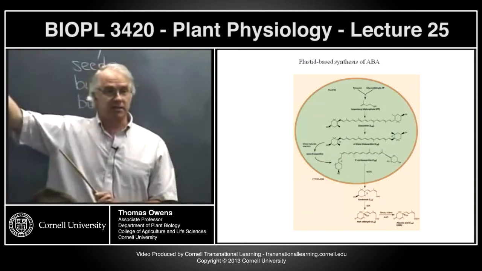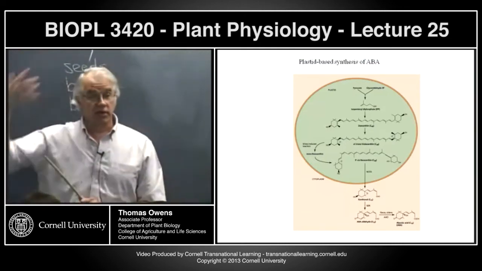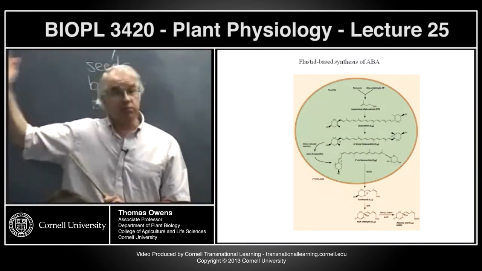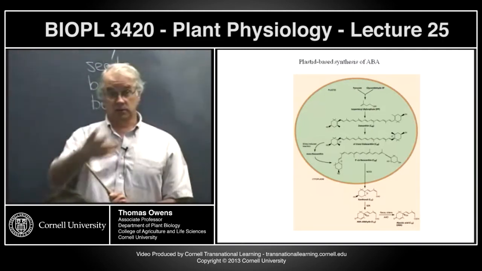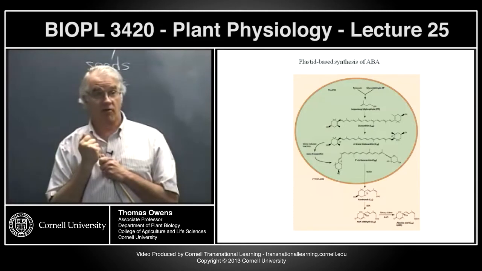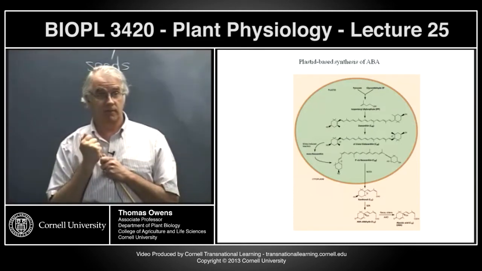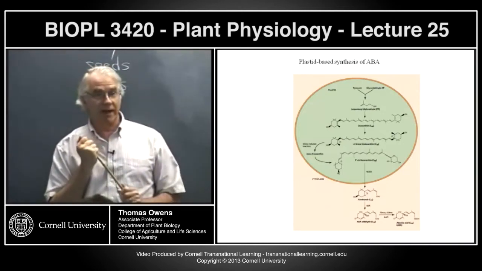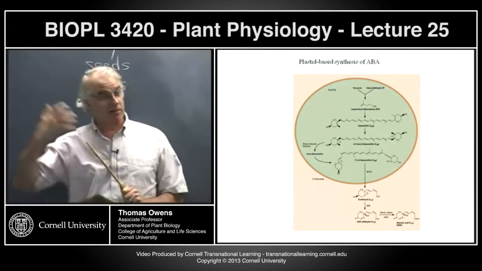We think about enzymes as working on substrates that are floating around free in the cytoplasm or in the stroma. This is a completely different picture here. Would it be that ABA somehow triggers a change in the structure of that protein that allows them to get in there? Oh, certainly that has to happen, but ABA doesn't trigger that, because remember, ABA is the product.